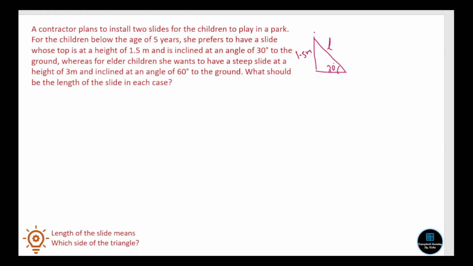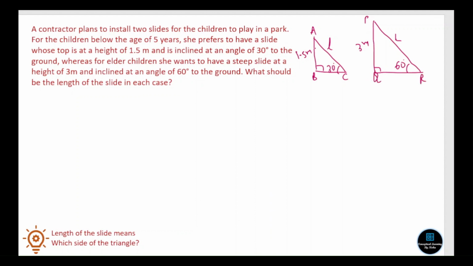So this is one triangle, and one more slide is there, which is at 3 meter from the ground and makes the angle 60 degree. This is one more triangle, and we have to find the length of this also. Let's say this is PQR.